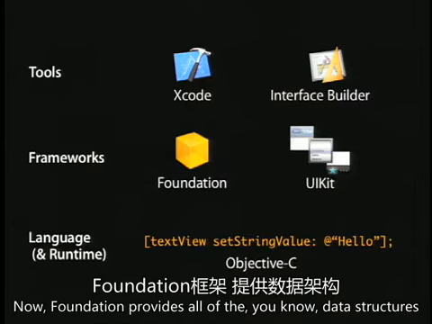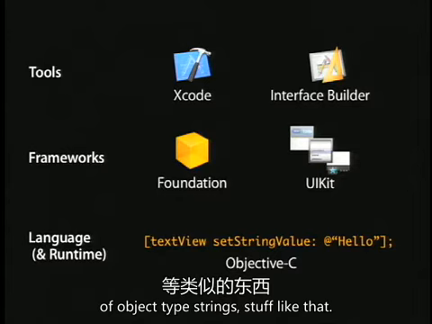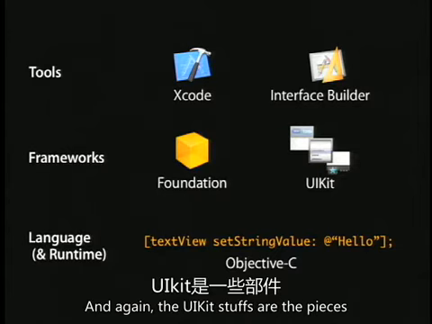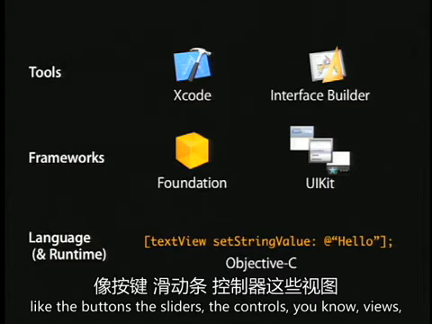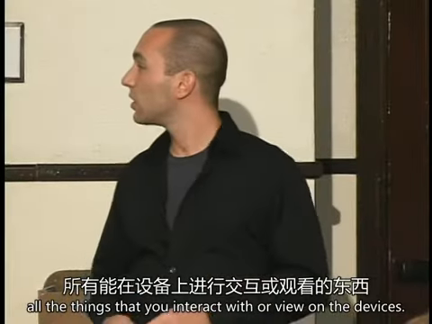Now, Foundation provides all of the data structures and things like arrays and different kinds of object types, strings, stuff like that, that you'll use throughout your application. And again, the UIKit stuff are the pieces like the buttons and the sliders, the controls, views, all the things that you interact with or view on the device.